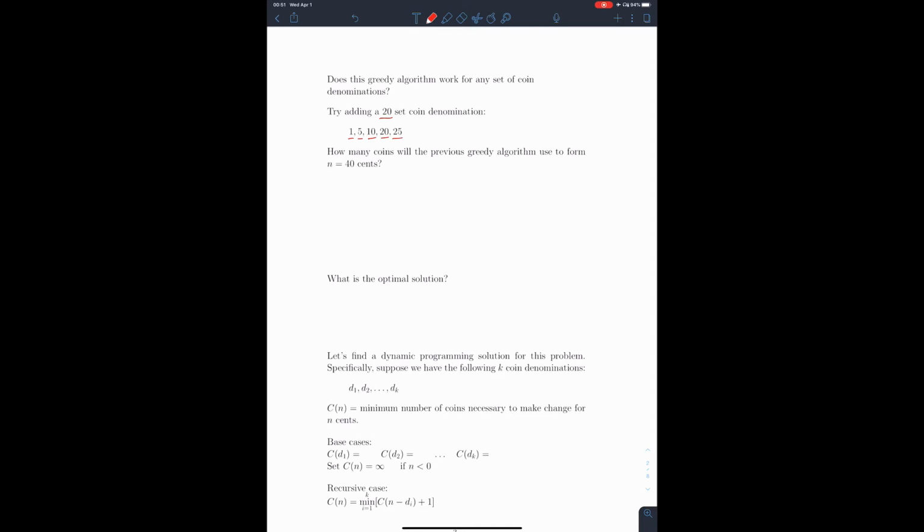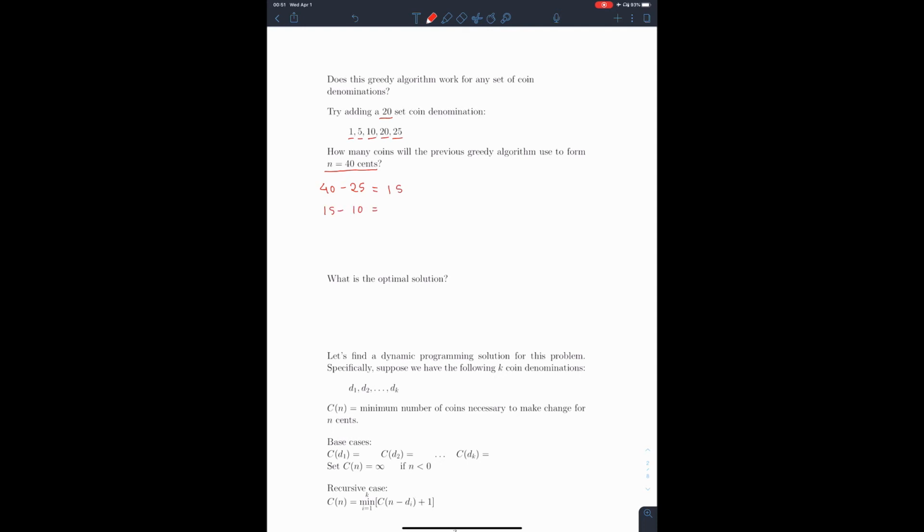And we will use the same greedy strategy to find the fewest number of coins when we are trying to get the change for n equals 40. So we start with 40. The highest denomination we can use is 25. We are left with 15. Now we can use 10.